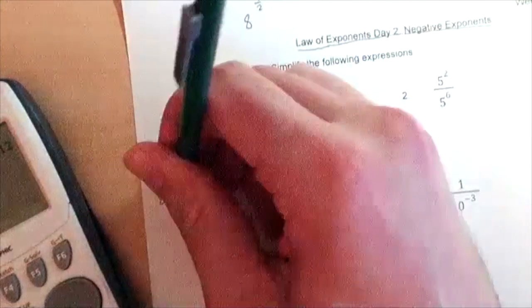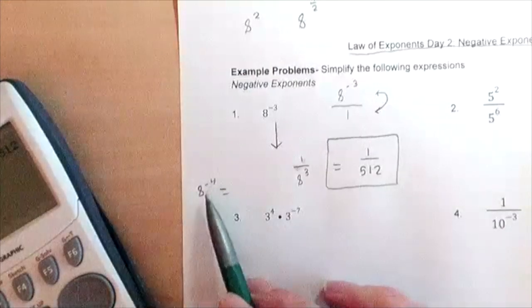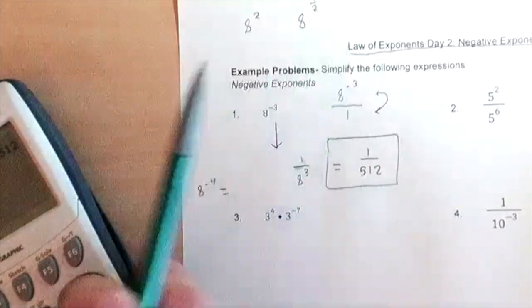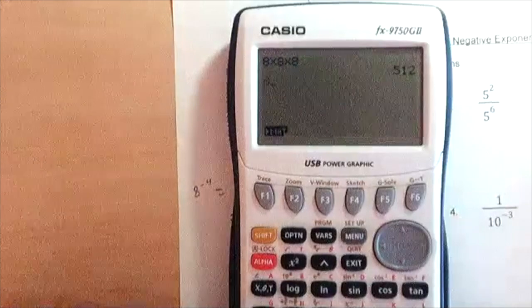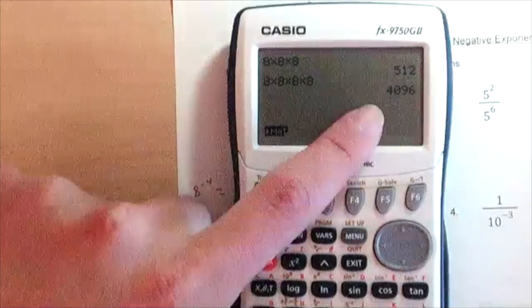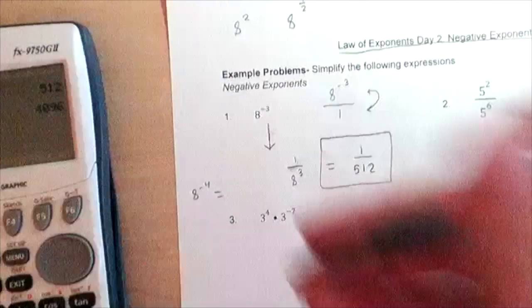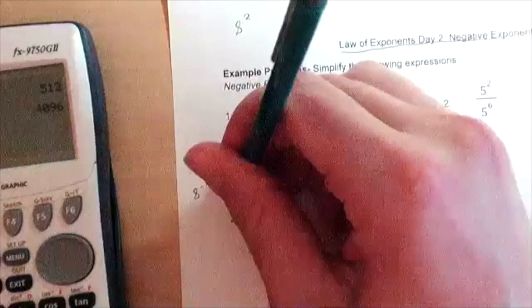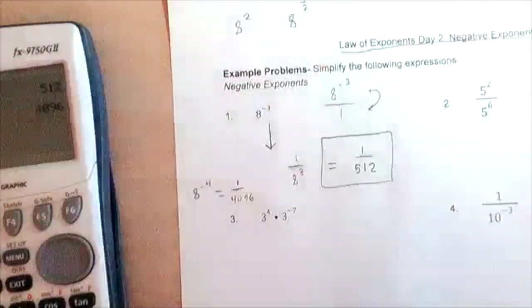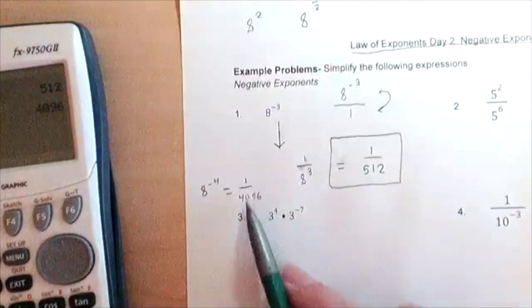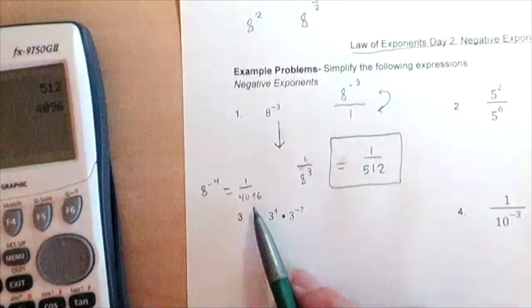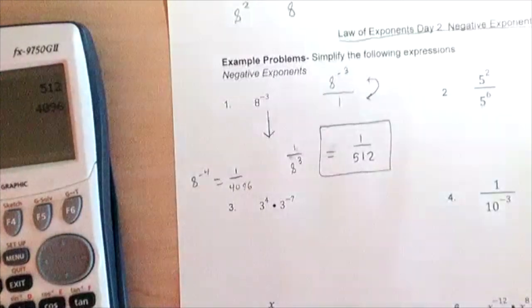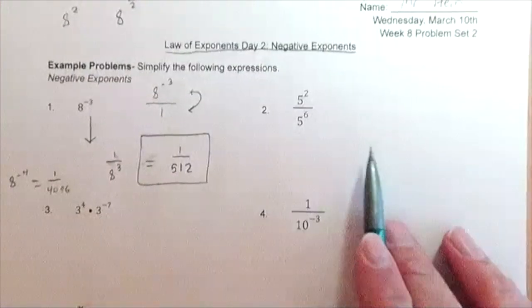So think that 8 to the negative 4, just as a side example, because this is mostly kind of a logic lesson, is going to be 8 times 8 times 8 times 8, but on the bottom of a fraction, okay? And we know that the bigger the bottom of a fraction is, the smaller the number is, and the closer it is to 0, okay? So that's the big idea. And let's talk about how that works and why that works.